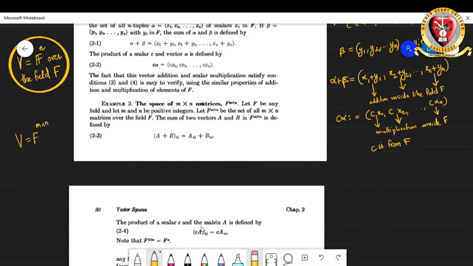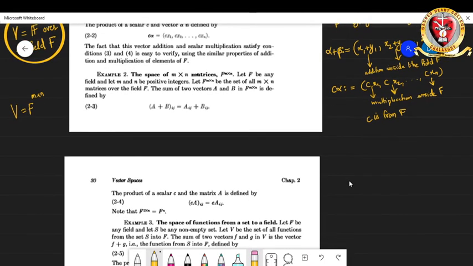Similarly, the product of a scalar C is just C multiplied with each entry of the matrix.